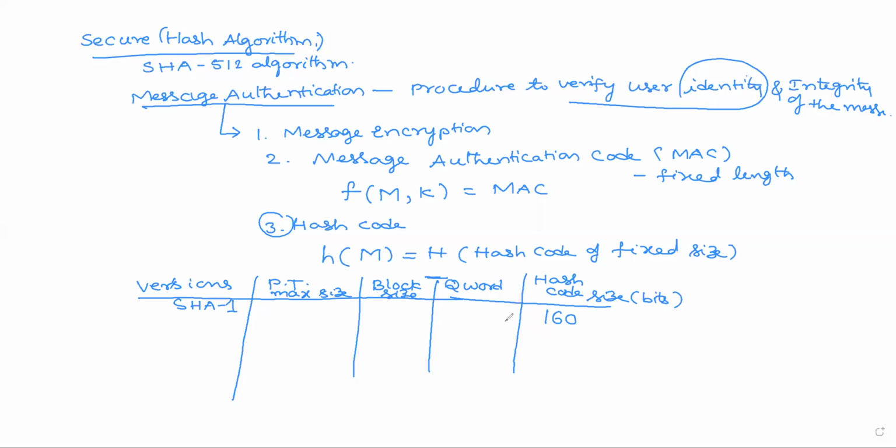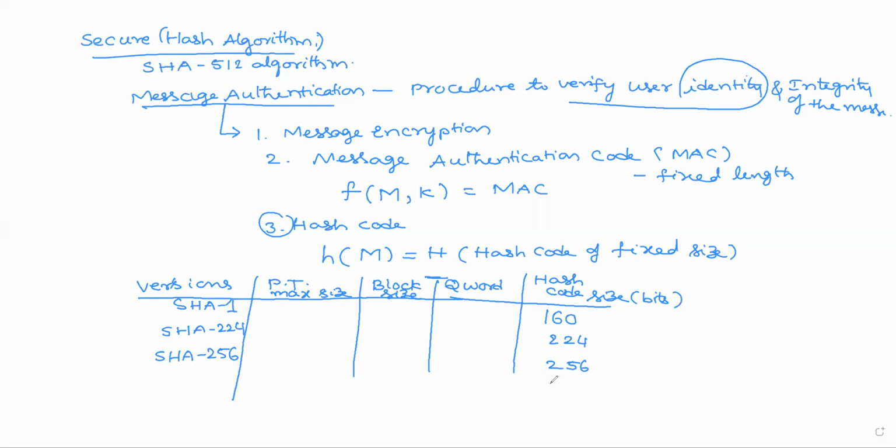If it is 224-bit hash code, it is SHA-224, and if it is 256-bit hash code, then we call it SHA-256.